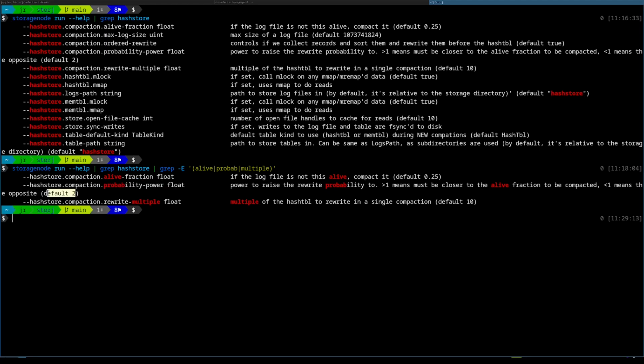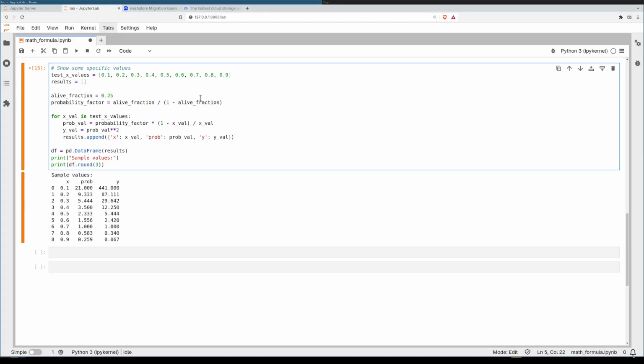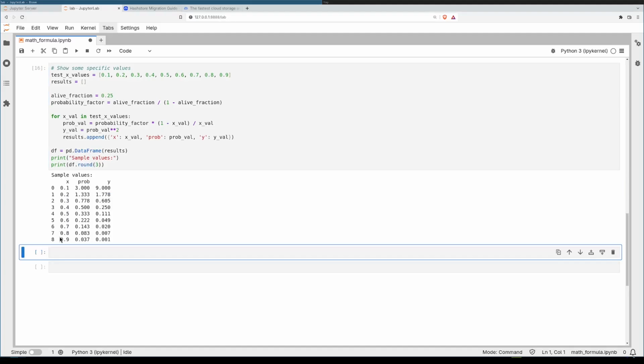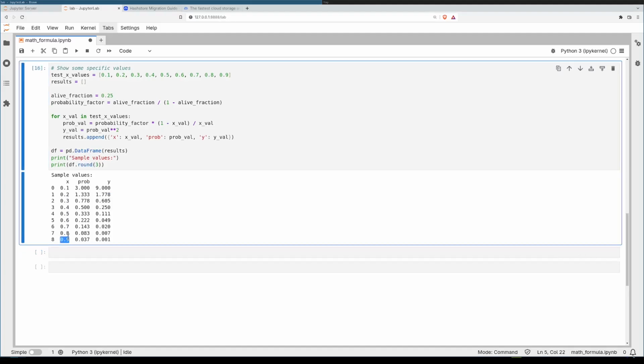Okay, so let's use the defaults, and this is the percent of useful data in the log file, and this is the probability of being selected in one iteration. So if there is only 10% of useful data in the log file, there is 900% to be selected. So it's 100% sure that they will be selected.